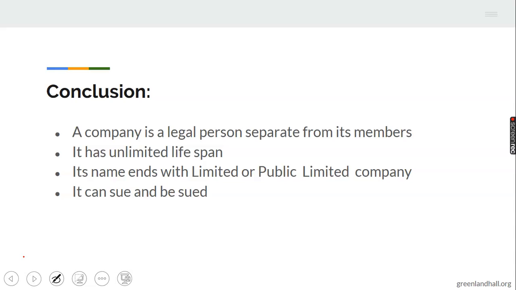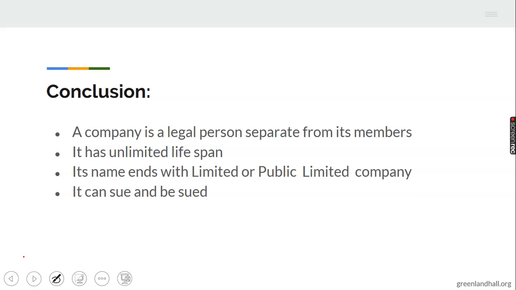In conclusion, a company is a legal person separate from its members. It has an unlimited lifespan. In other words, it has a perpetual lifespan. Its name ends with limited when it is a private limited liability company, or PLC when it is a public limited liability company.